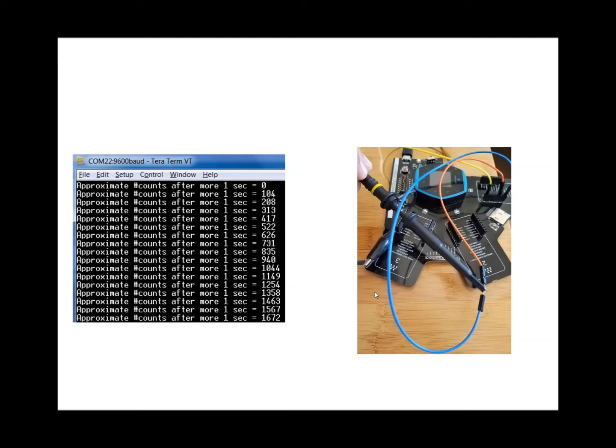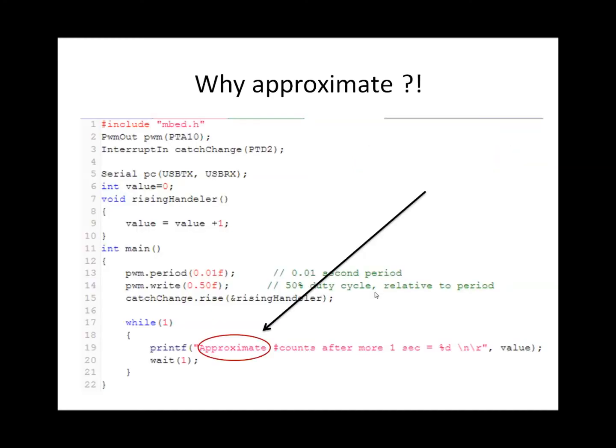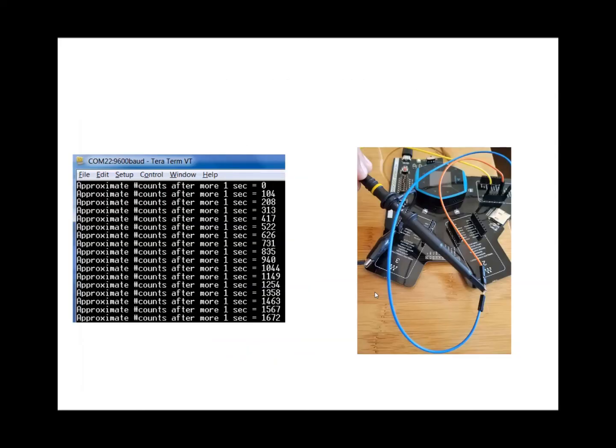If you set a period of 0.01, then you should have one rising edge every 10 milliseconds. And now, why is it 100 something? It's one second. Exactly. So, are all of you on the same page?